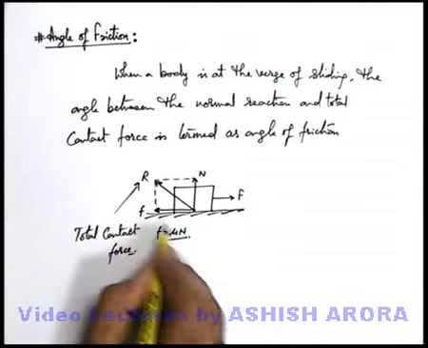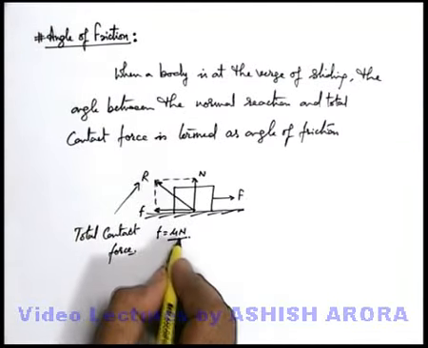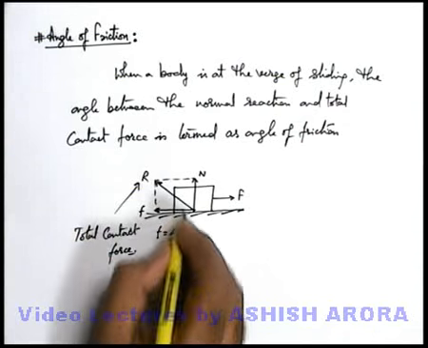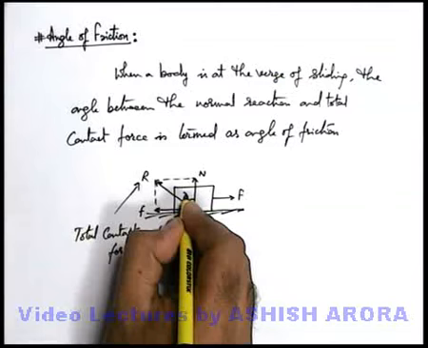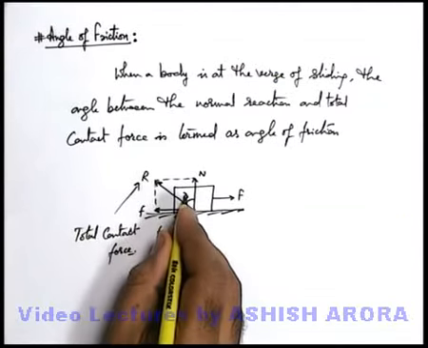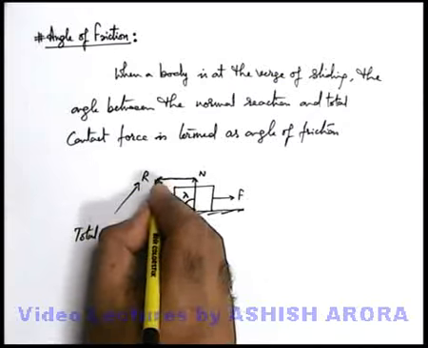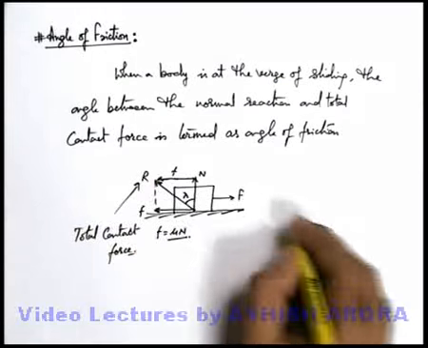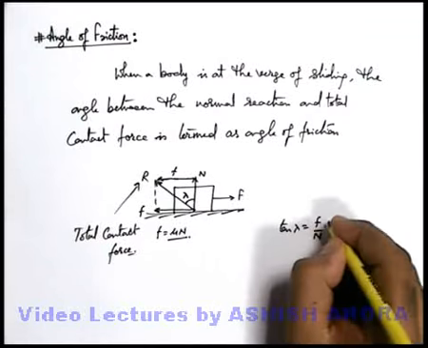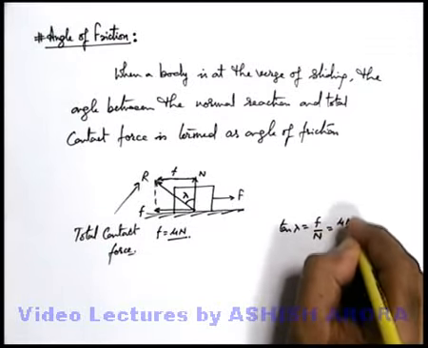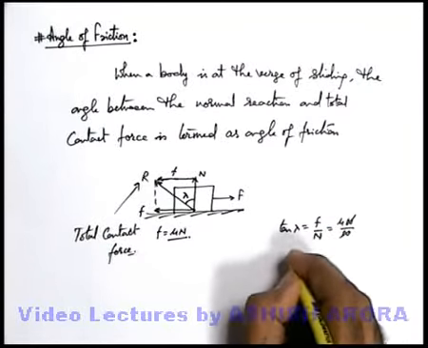Now, when friction approaches the value of mu n, we can directly state that in this situation the angle between the total contact force and the normal reaction is denoted by lambda, and this lambda is called angle of friction. Here tan lambda we can write as F upon N. At the verge of sliding, it is mu N by N. N gets cancelled out.